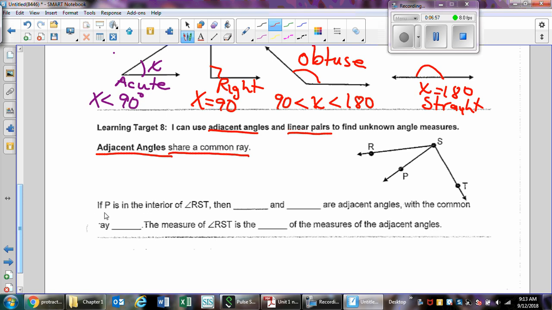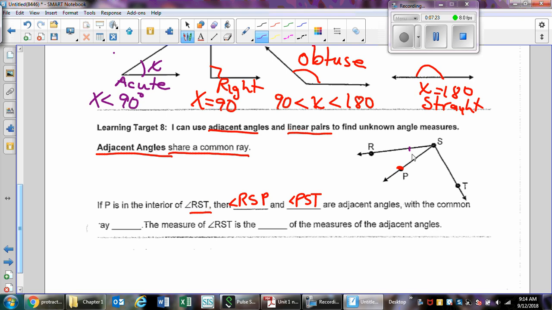In this case, it says if P is in the interior of angle RST, then angle RSP and angle PST are called adjacent angles.